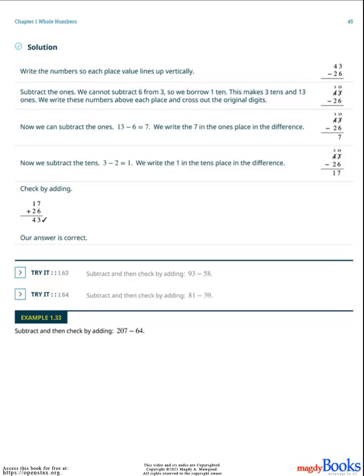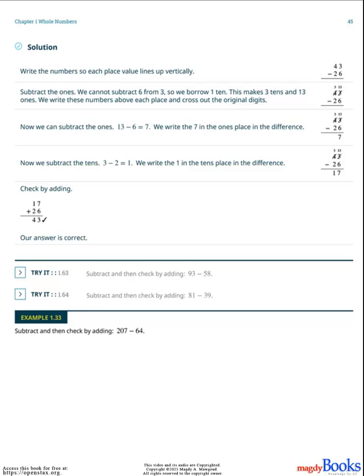We cannot subtract 6 from 3, so we borrow one 10. This makes 3 tens and 13 ones. We write these numbers above each place and cross out the original digits. Now we can subtract the ones. 13 minus 6 equals 7. We write the 7 in the ones place in the difference.